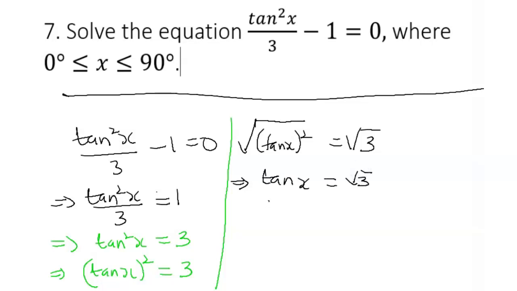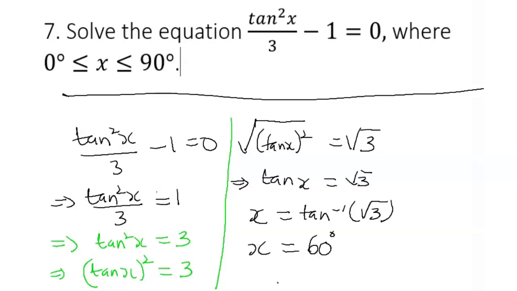So as we have been doing throughout the lesson, to find x, you take tan inverse on the right hand side. x is equal to, you take your calculator, tan inverse of root 3, which is equal to 60.